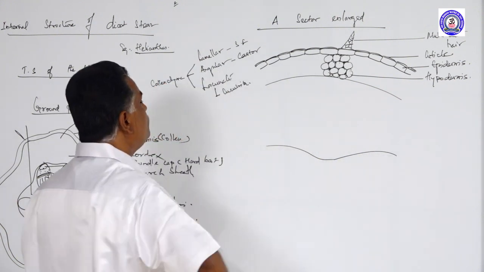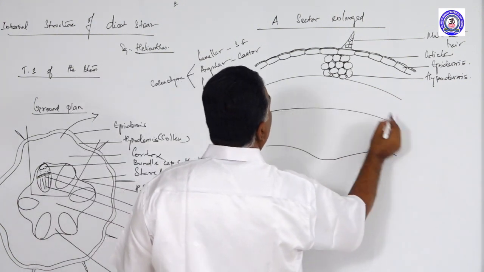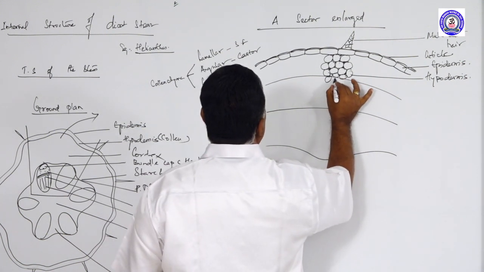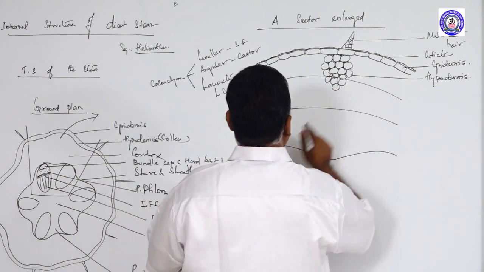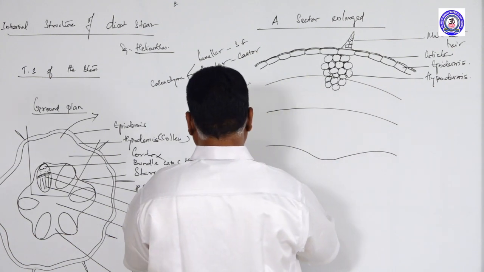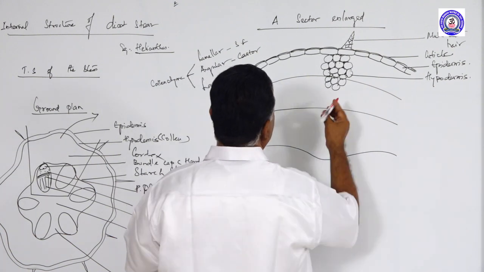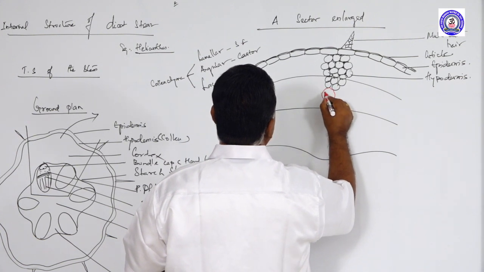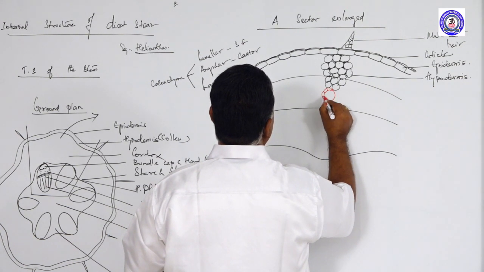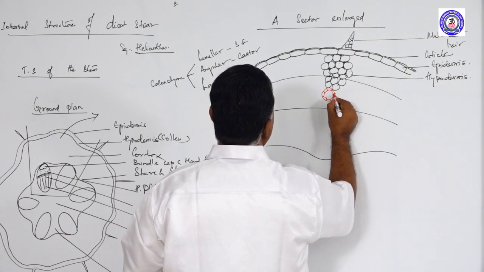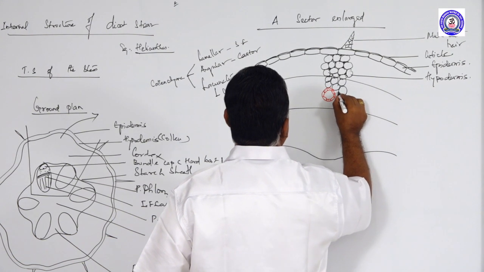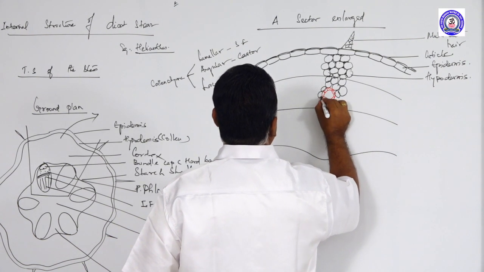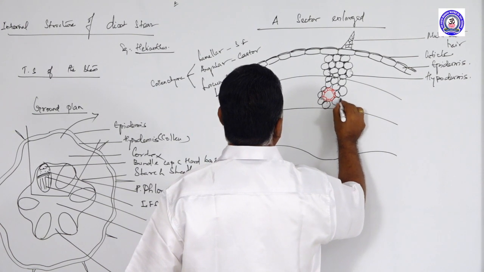General cortex is divided into two kinds of tissues. Loosely arranged chlorenchyma. You know, parenchyma cells with chloroplast are called chlorenchyma.